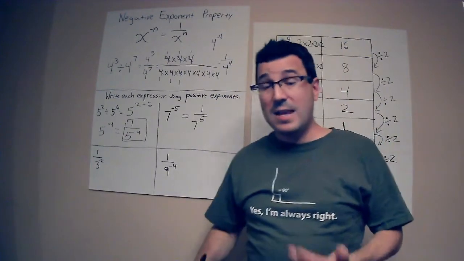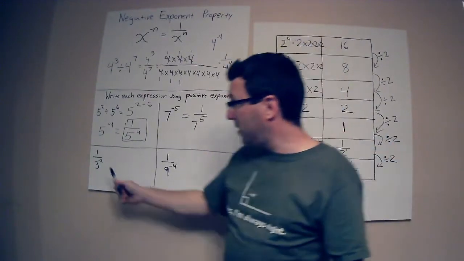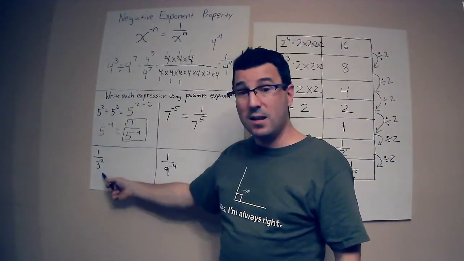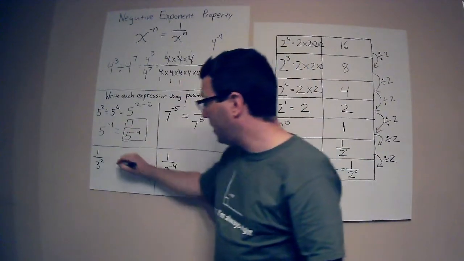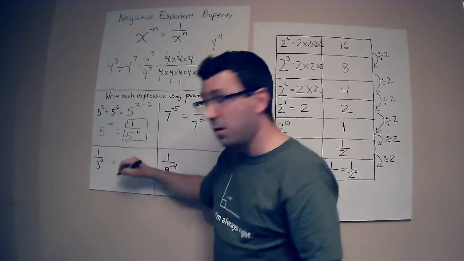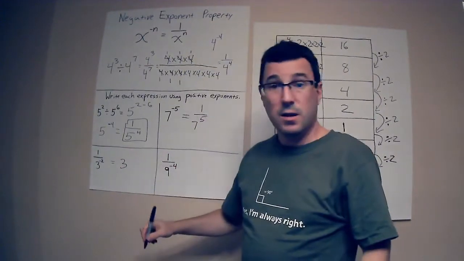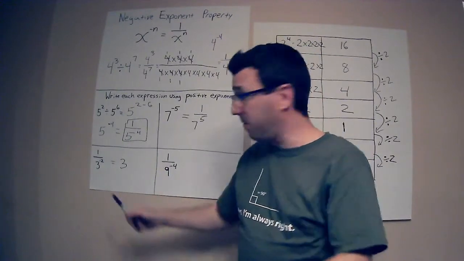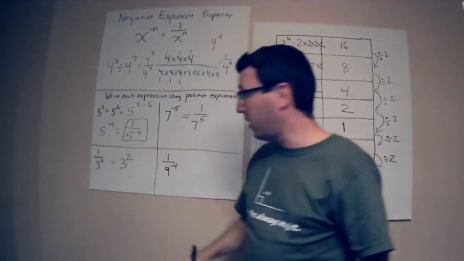Remember, when we see the negative, what we're really thinking about is we're going to do the reciprocal. Since this is already 1 over, when I flip that, it becomes 3 over 1, or just 3. And again, change the negative to a positive, and we get 3 squared.